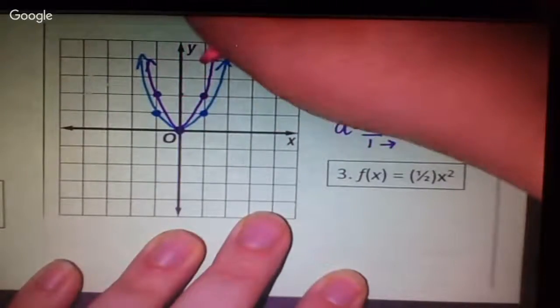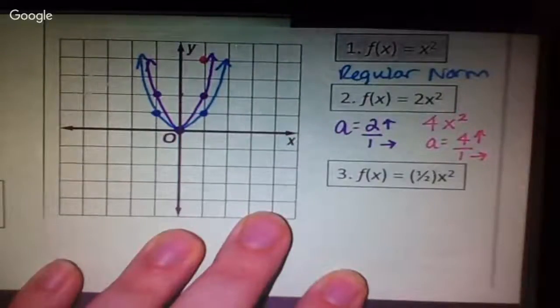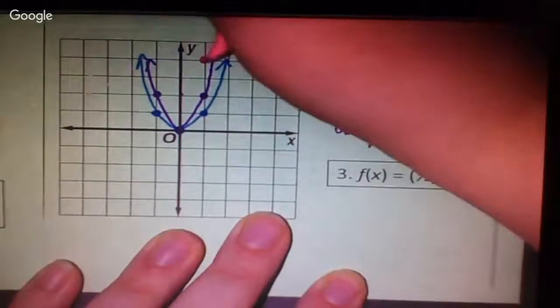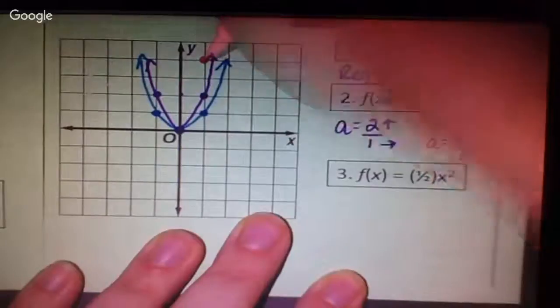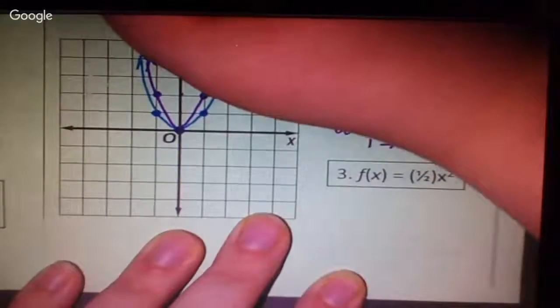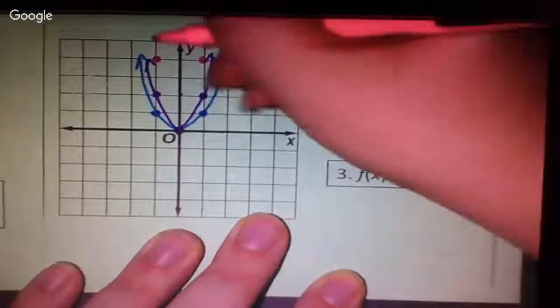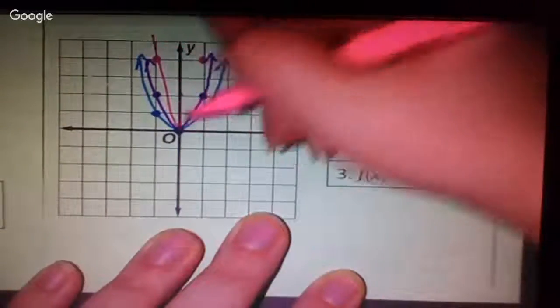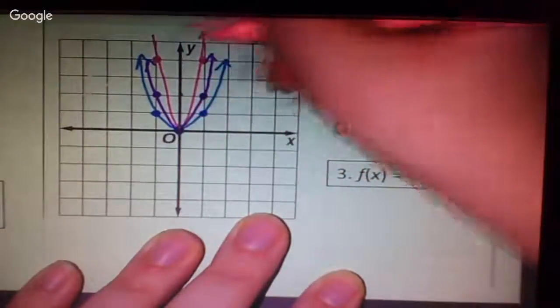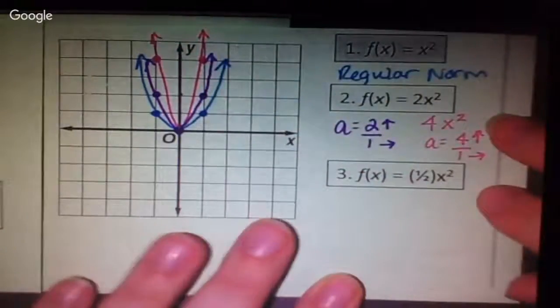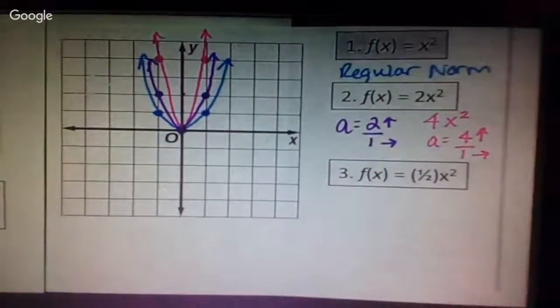Again, what happens on the right-hand side also happens on the left. Look how skinny that one got. As my a value gets bigger, my graph gets skinnier and skinnier, until it disappears.